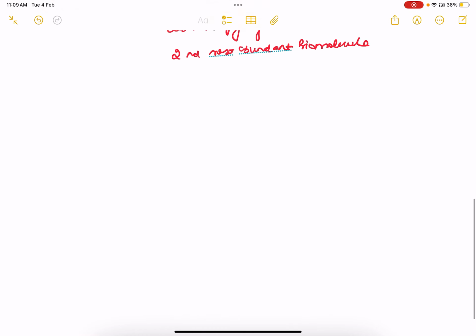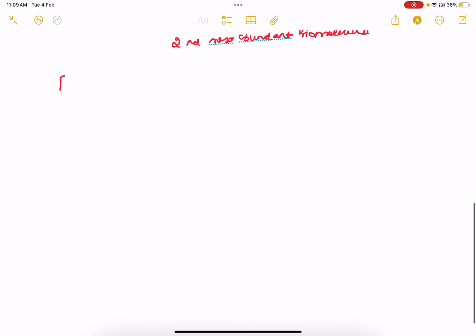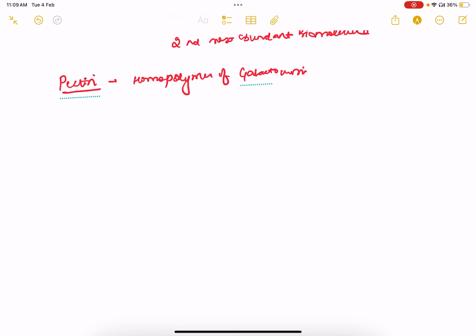The next component in the structural components is pectin. Pectin is a homopolymer of galacturonic acid, and the linkage is alpha 1,4 linkage.